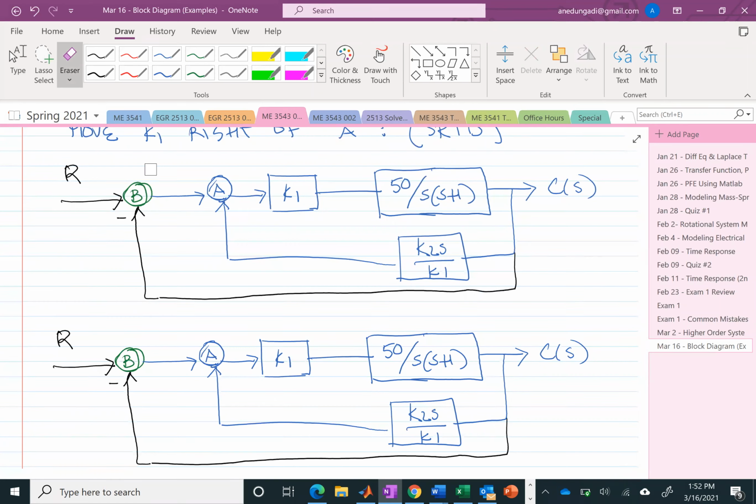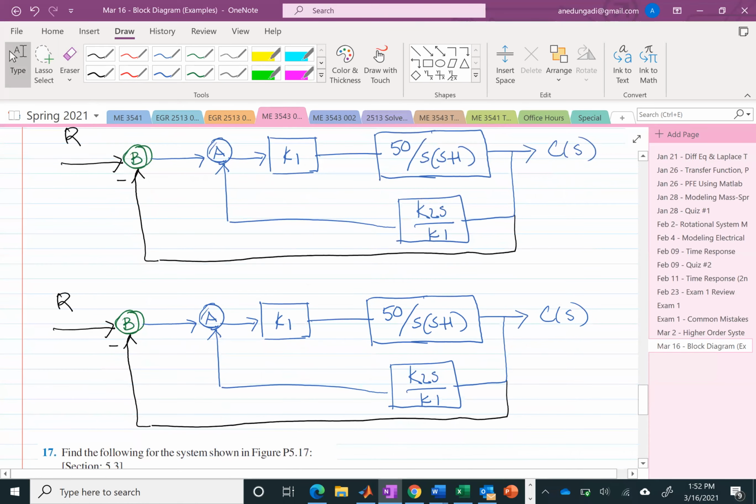Well, it is the same input, but the output is not going into the same summation. But you are kind of right, because this and this can be collapsed, right?